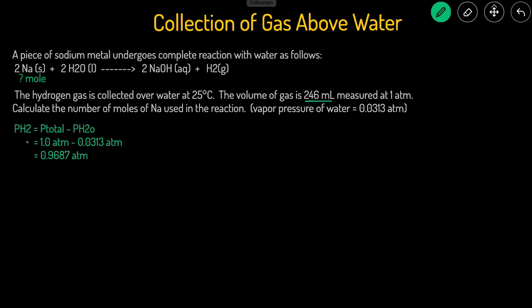Now that we have the partial pressure of H2, we'll be using the ideal gas law. So we'll use the equation n equals PV divided by RT to solve for the moles of the hydrogen.